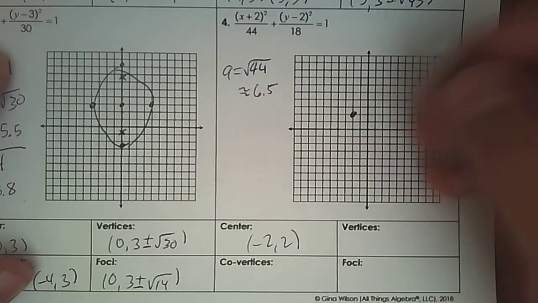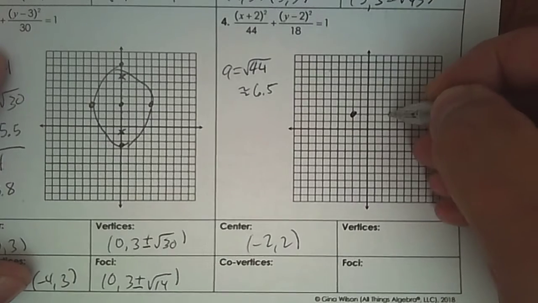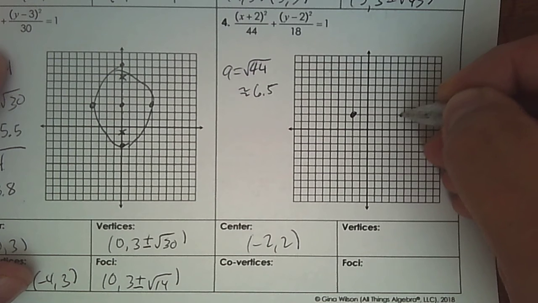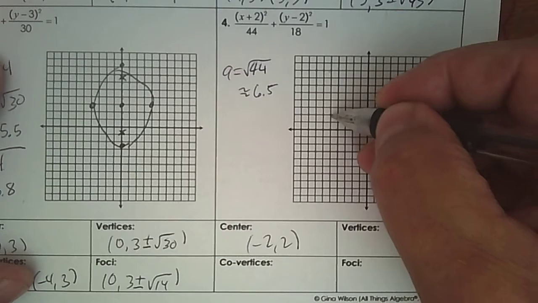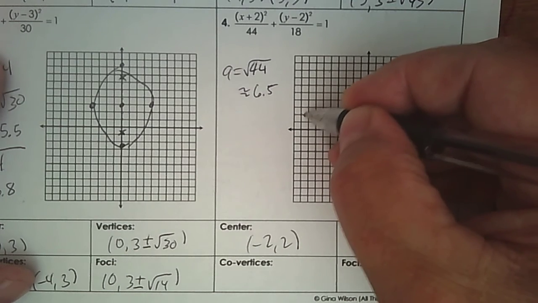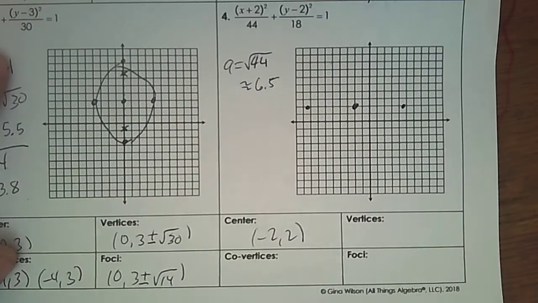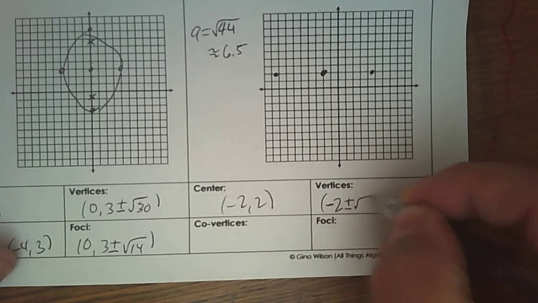From here, I'm going to count 1, 2, 3, 4, 5, 6, and not quite 7. From here, I'm going to count 1, 2, 3, 4, 5, 6, almost, but not 7. To write it down properly, it's the x. So to the x coordinate, I add and subtract root 44.